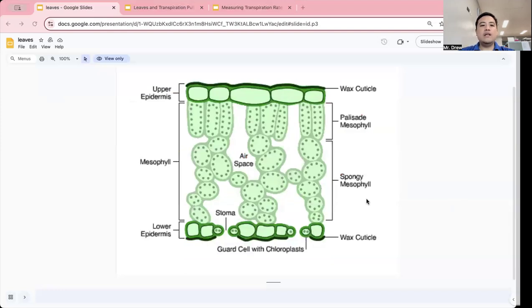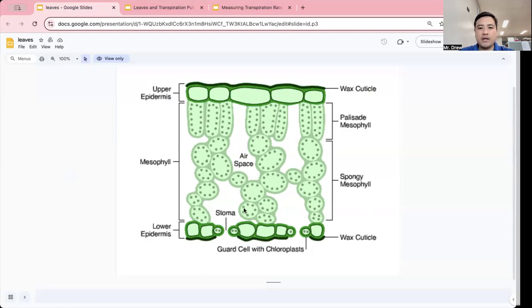So you can see here a diagram of the internal structure of a leaf, and we see these in this cross section of the leaf. You will see the palisade mesophyll at the top to absorb maximum sunlight, and then spongy mesophyll with air spaces for gas exchange, and then veins, xylem and phloem, transport water and nutrients.